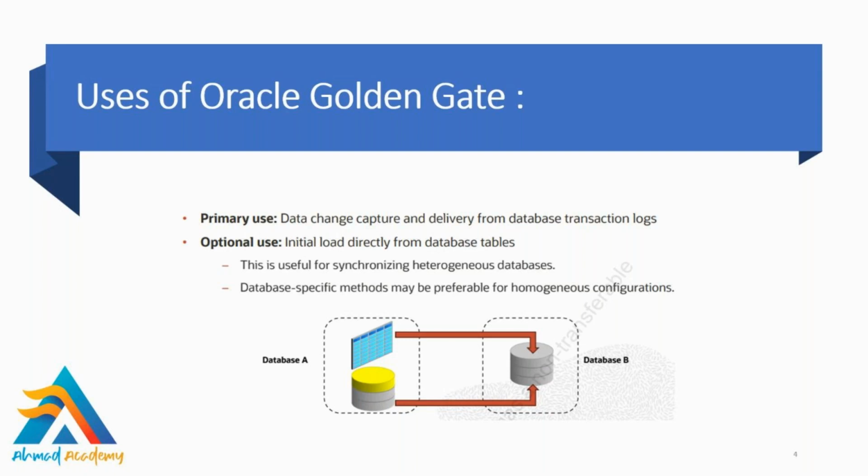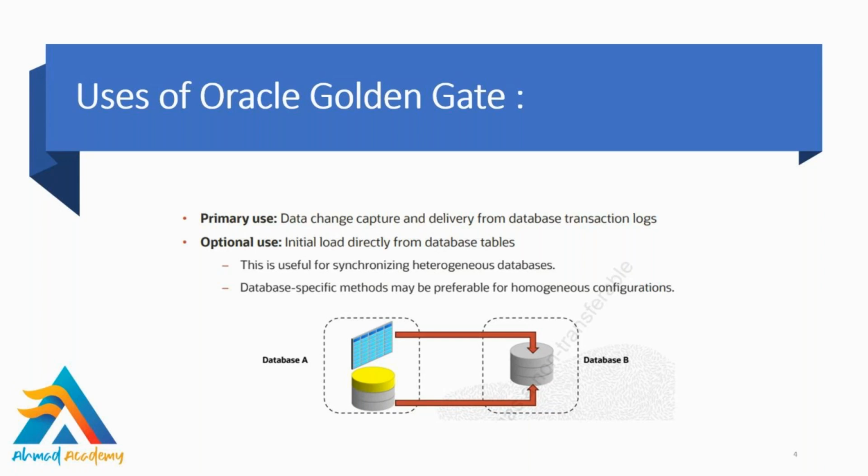So this is useful for synchronizing heterogeneous databases, like in the diagram, it is showing database A to database B. Database specific method may be preferable for homogeneous configurations. Homogeneous means same type of databases, but in heterogeneous, Oracle Golden Gate is the best option to share the data.